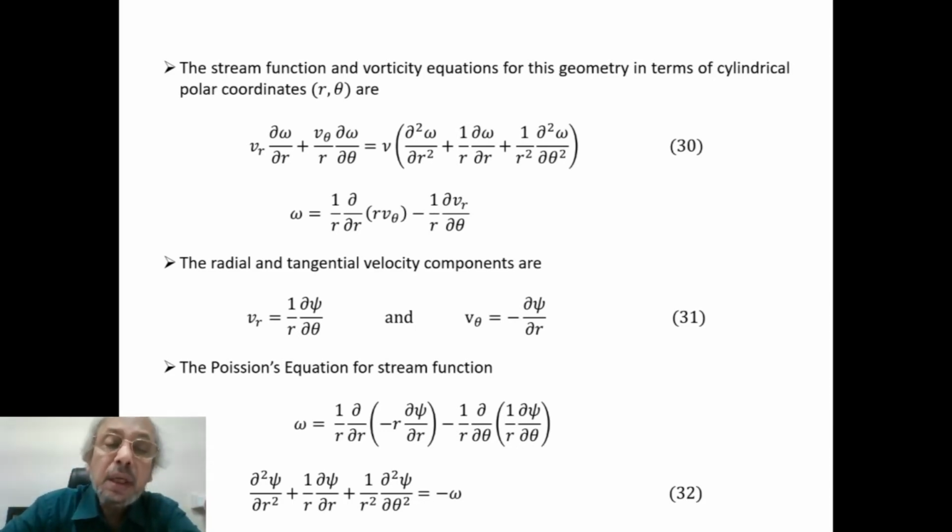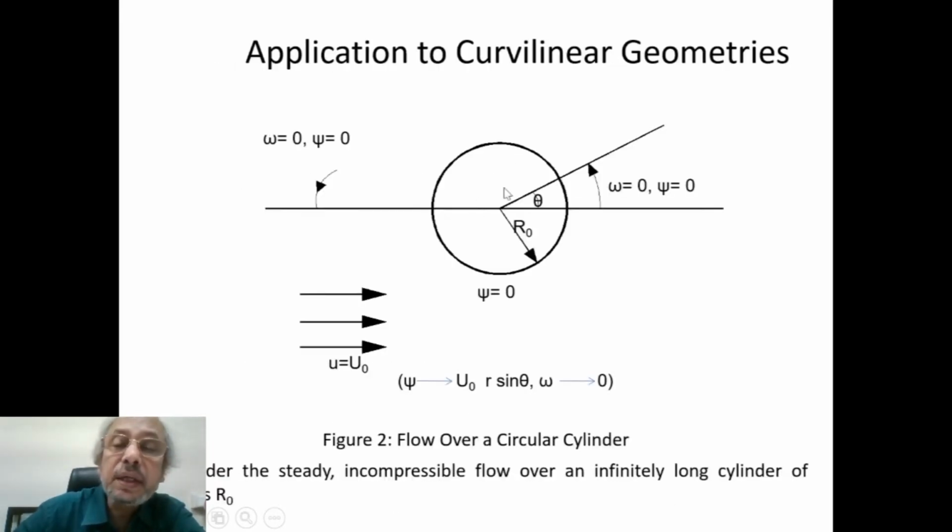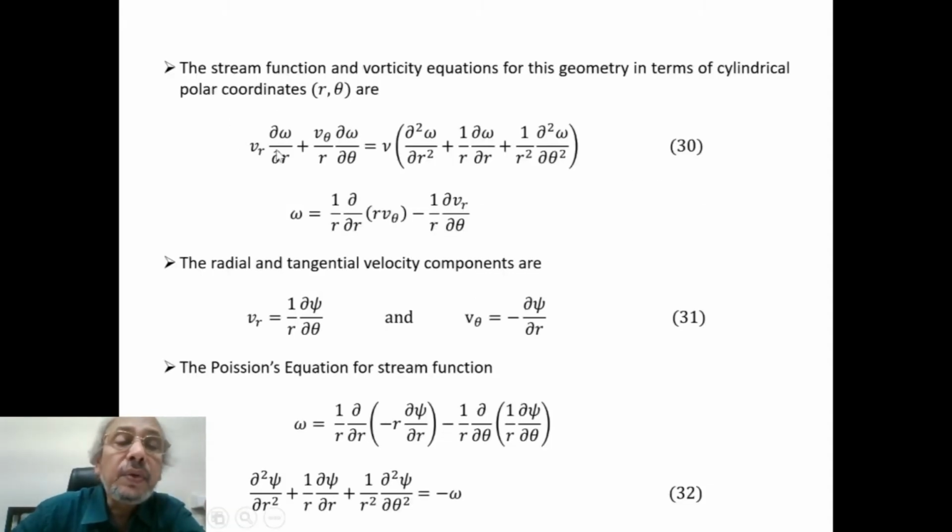So if we go for the governing equation, obviously the first equation will be the vorticity transport equation, and here we'll use r theta coordinates. The unsteady term del omega del t we have neglected because we are considering steady flow. Vr is the radial direction velocity, V theta is the tangential velocity. Now we have Vr del omega del r plus V theta by r del omega del theta equal to nu times the Laplacian of omega.